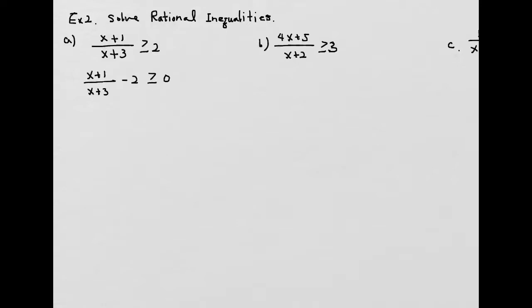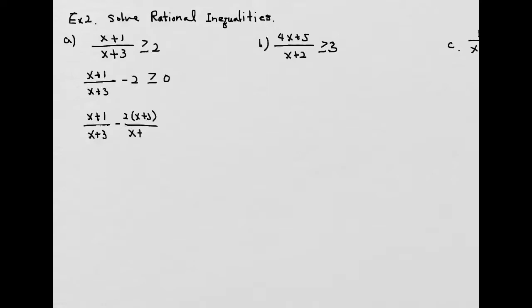Once you made one side equal to 0, then you want to simplify the other side. So on your left side, you have 2 terms right now. You want to make this into 1 fraction. So in order to make it 1 fraction, you know that you have to have the same denominator. So 2 becomes 2 times (x plus 3) over (x plus 3).